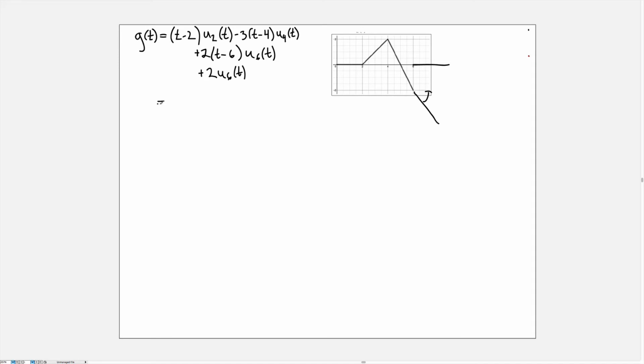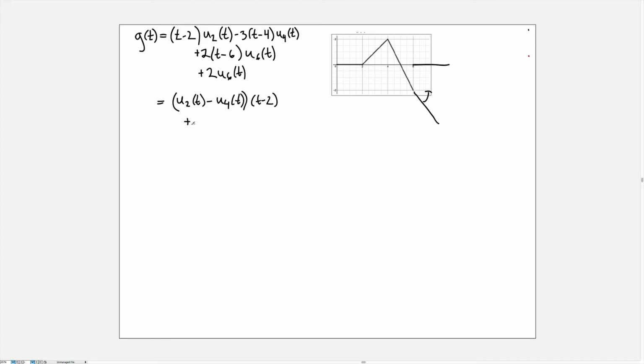Another approach is to use u2 of t minus u4 of t, which will be 0 everywhere except between 2 and 4. And in that interval, the formula for the function is exactly t minus 2.